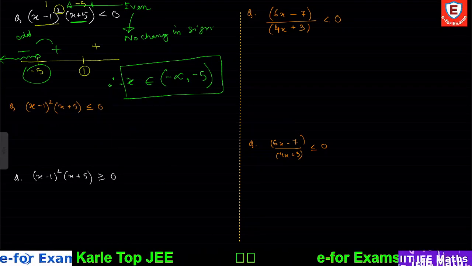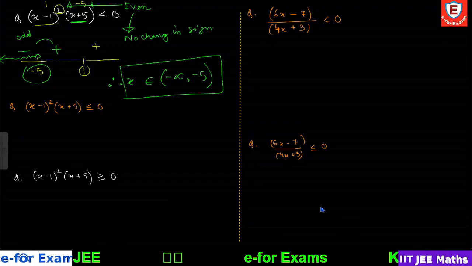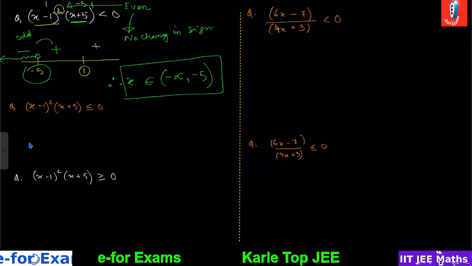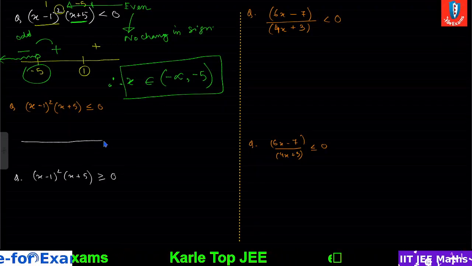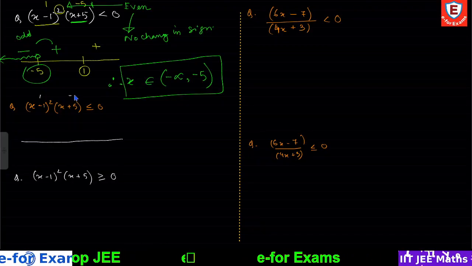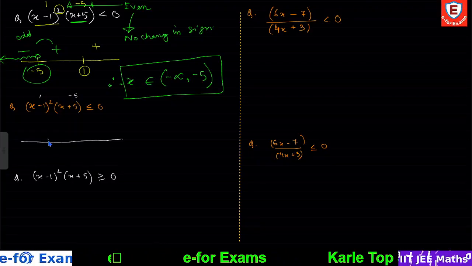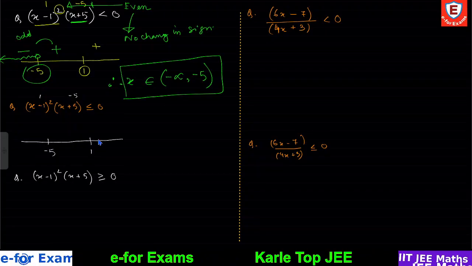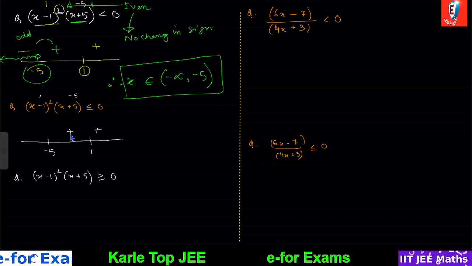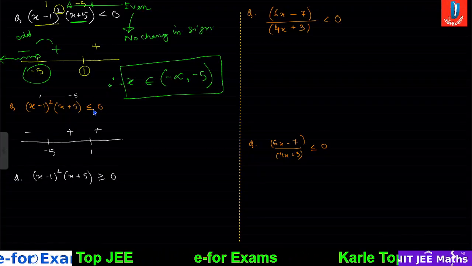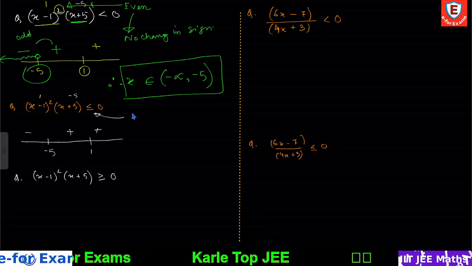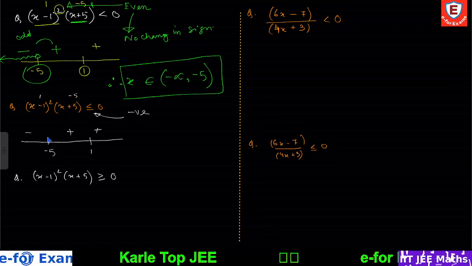Now put a number line here. 1 is the solution, here minus 5, same thing. So minus 5, 1, plus, minus. Here it is less than or equal to negative, right? So negative interval we have to choose.